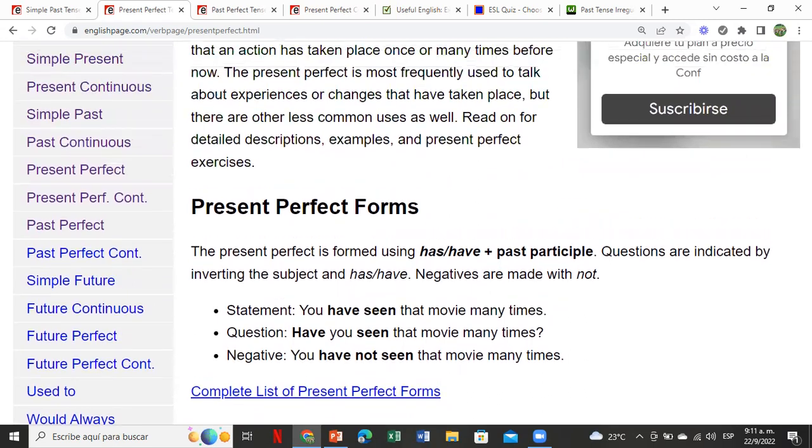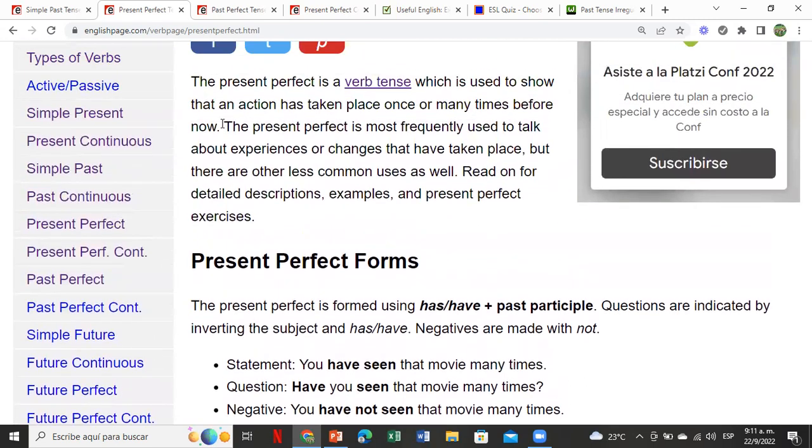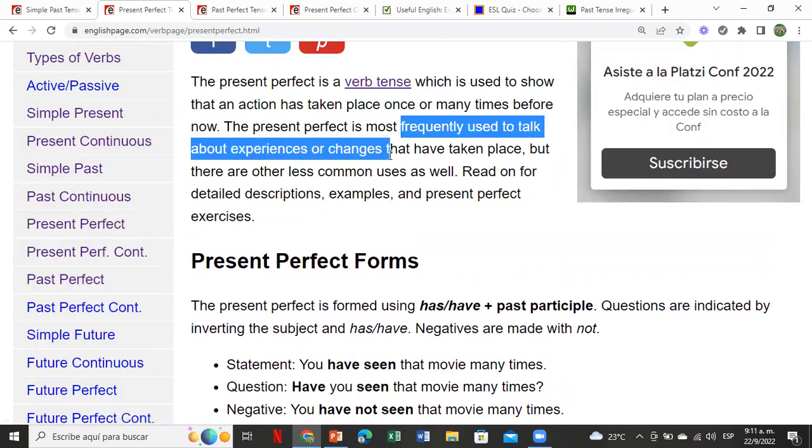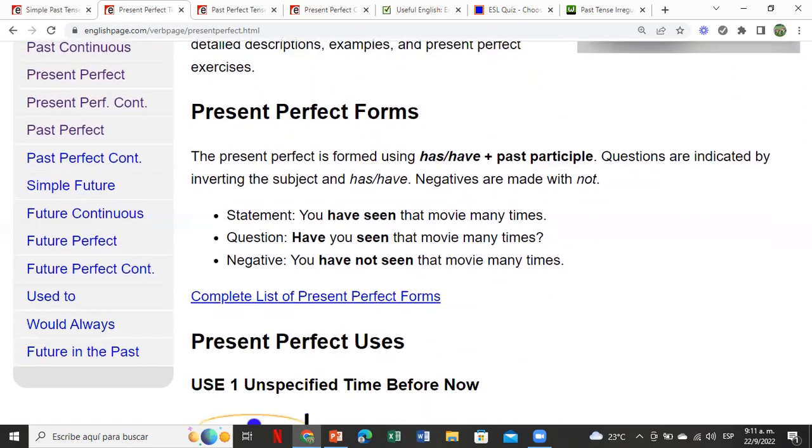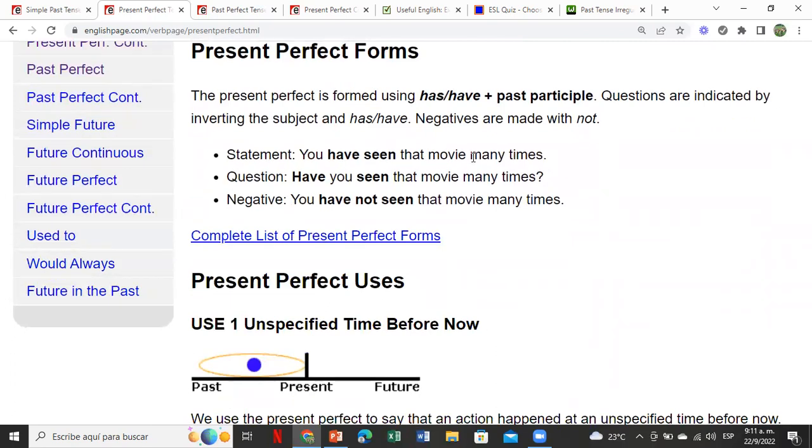Many times is according to the explanation. The present perfect is most frequently used to talk about experience or changes. In this case, you have seen that movie many times. This is just a complement. If you want, you can change this too.